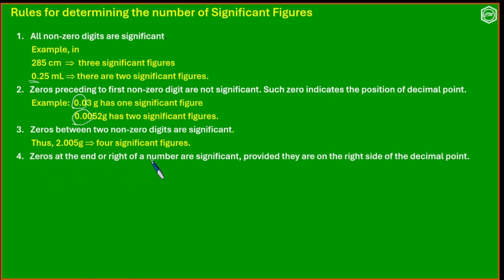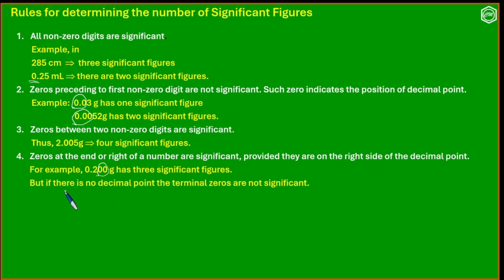Now zeros at the end or right of a number are significant, provided they are on the right side of the decimal point. For example, 0.200 gram. And in this case, these two zeros are significant because they are towards the right of the decimal point. Now, this quantity has three significant figures.